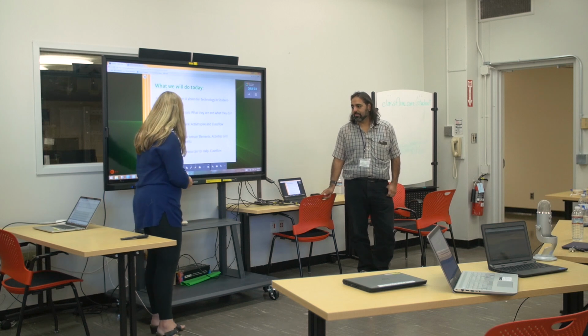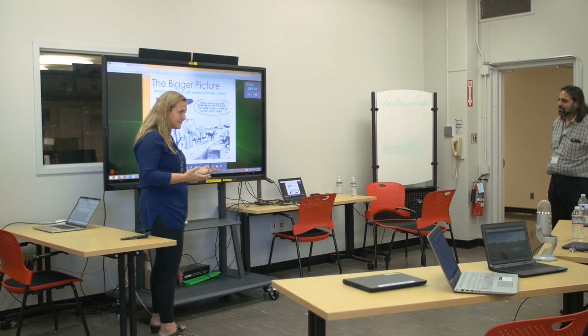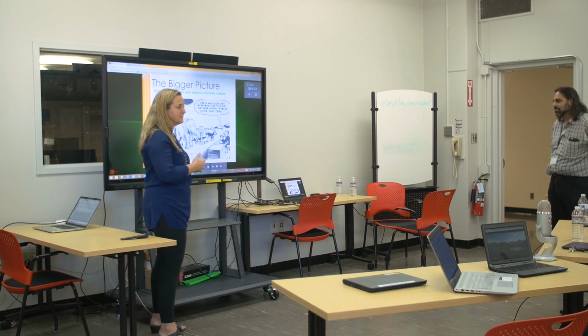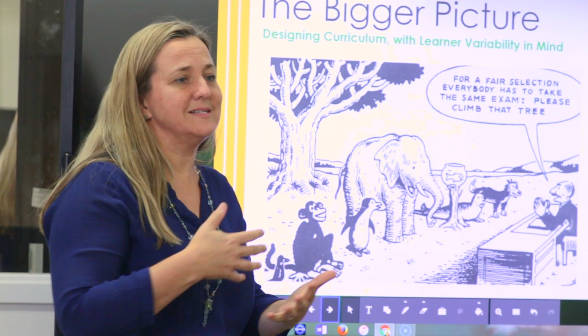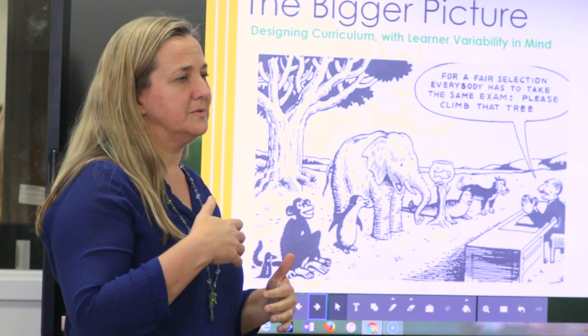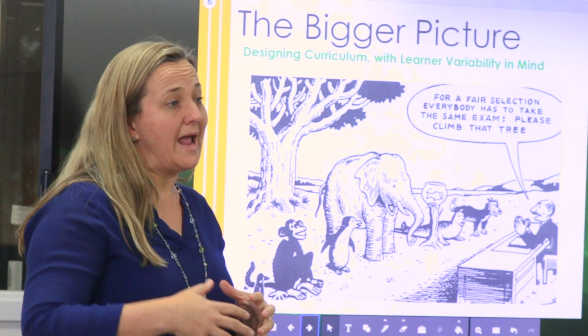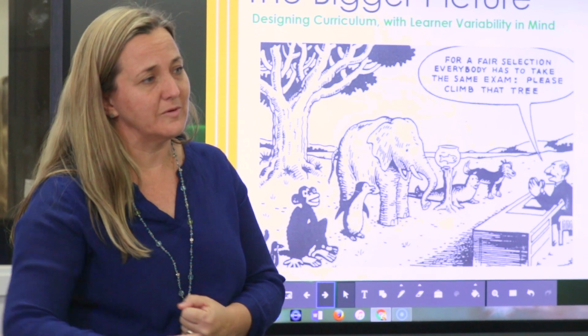Okay. So I'm going to start off just with a little bit of the bigger picture, and I'm going to go over this very quickly. The idea here is that there is a variety of learners in our classrooms. They have a variety of strengths, and we wouldn't want to just ask one student to do the exact same thing as all students. So the technology allows us to diversify a little bit easier, to anticipate some students' needs, and to, from the onset of instruction, think about the scaffoldings that students need, or as we're looking at student work, we can bring in scaffoldings, and as we see that students don't need them anymore, we can take them away.